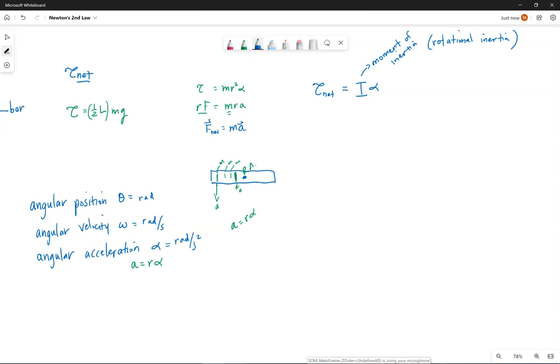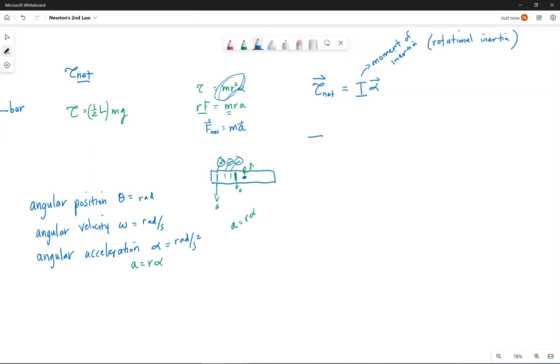And then the resulting angular acceleration from that net torque is dependent on the net torque, but also on this I, this moment of inertia. The I is representing these mr squareds. Well, technically we can't say mr squared because each piece of mass down here is a different distance away.